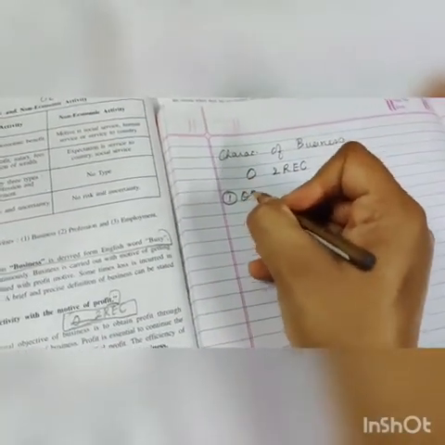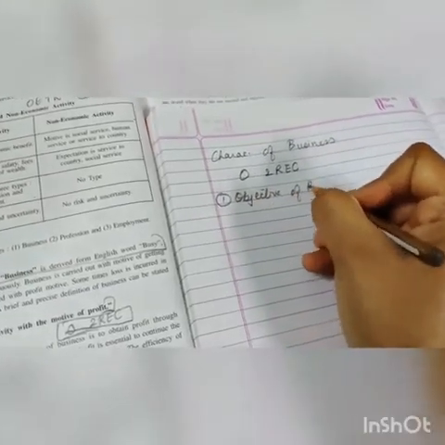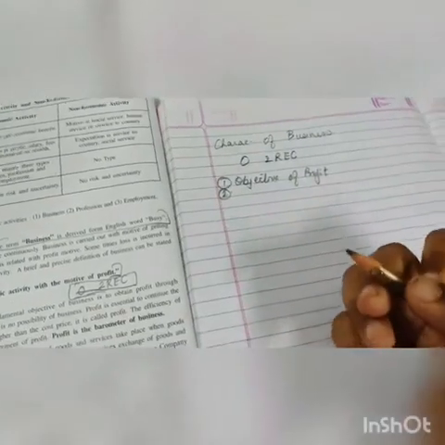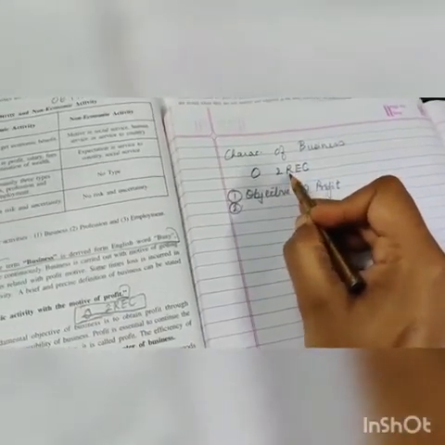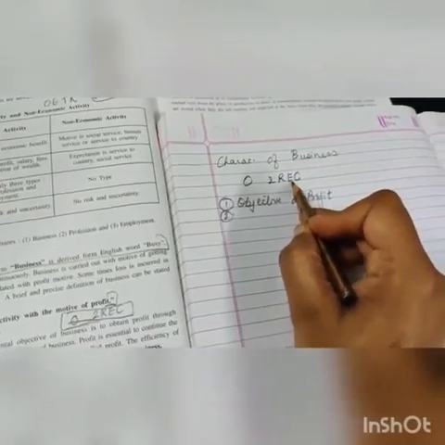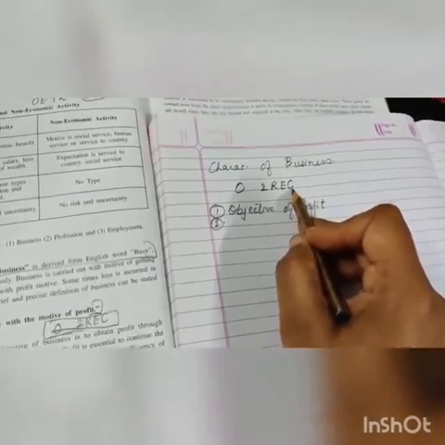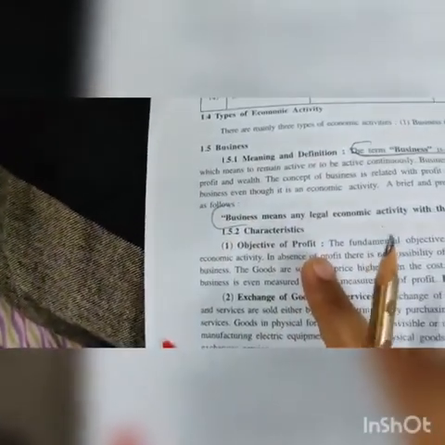O. So you can write down objective of profit. Then what is second? See, what do you mean by this 2? There will be 2 times R, 2 times E, and 2 times C. So first is R. See, first was objective of profit, this is our first.